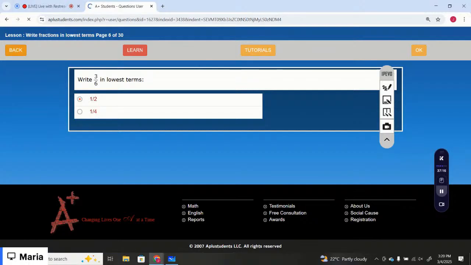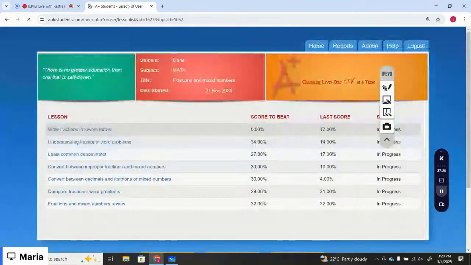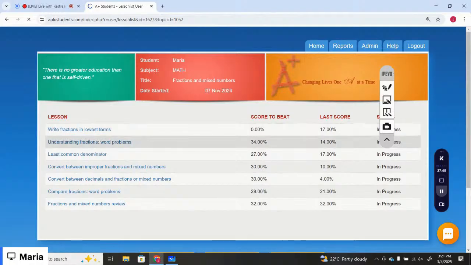Let me just move on to the next lesson, that is understanding fractions word problems.